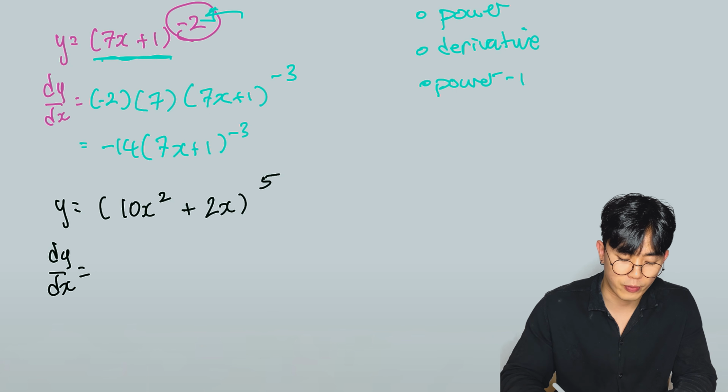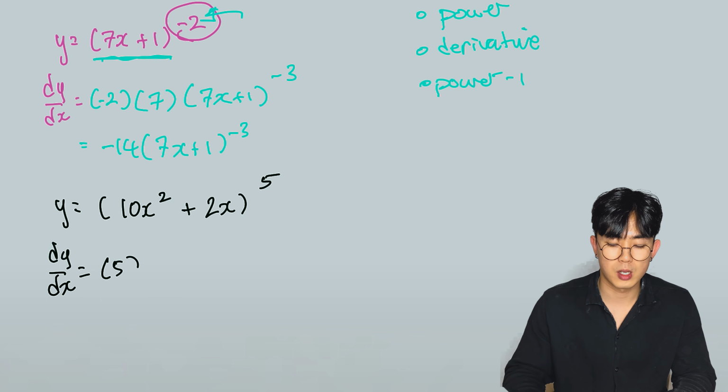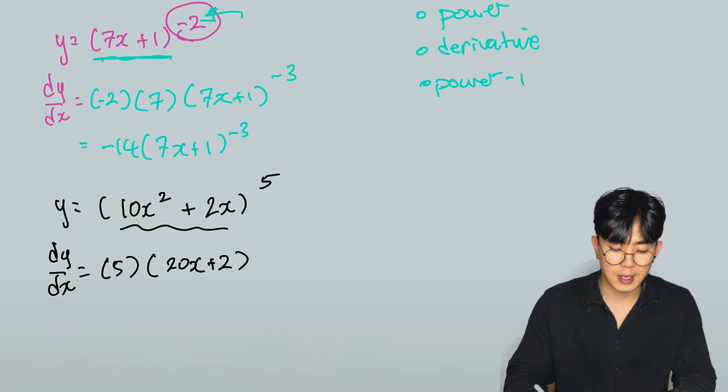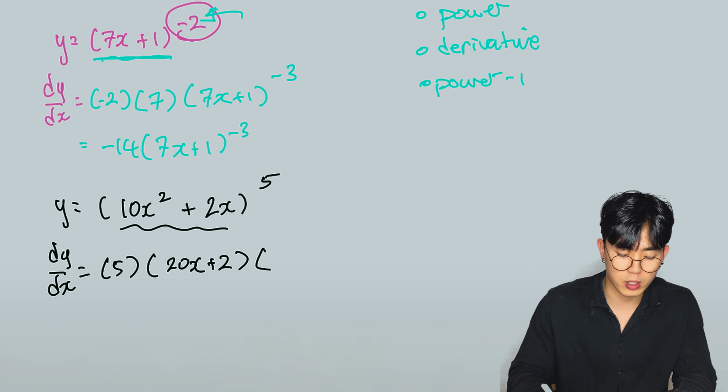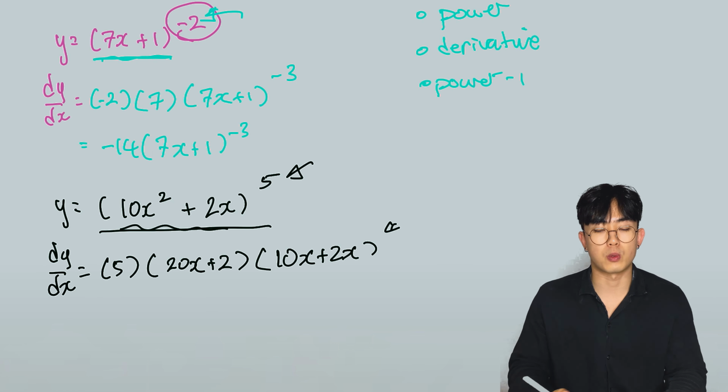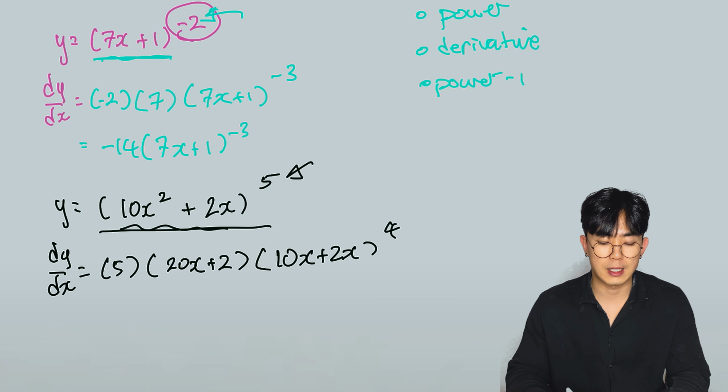In our case, the power is 5, so the 5 comes down. We differentiate this bracket part here. So if I was to differentiate that, we get (20x + 2), close bracket. And then we rewrite the whole function, 10x squared + 2x, and we minus 1 to the power. So this now becomes 5 minus 1, which is 4. And that's the derivative of this equation.